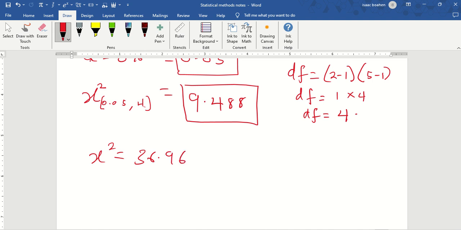But looking at the critical value, it is 9.488. So we can see that the calculated chi-squared value is greater than the critical value, which is chi-squared at a significance level of 0.05 and 4 degrees of freedom.